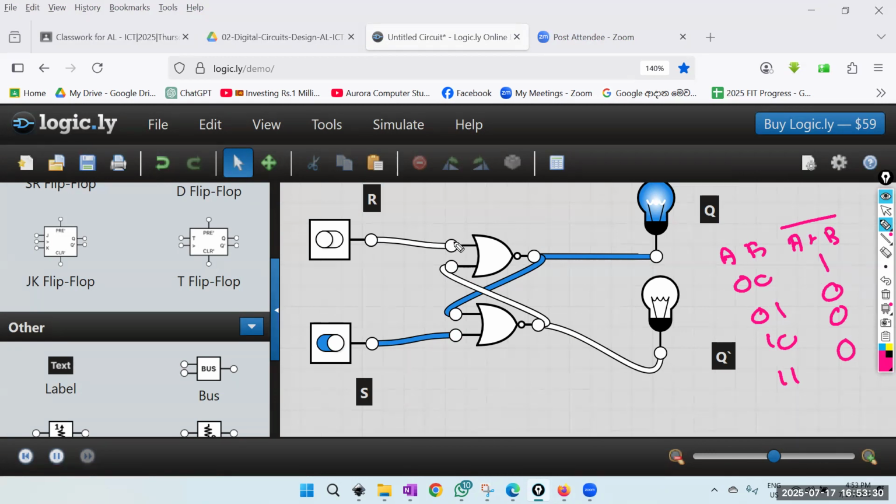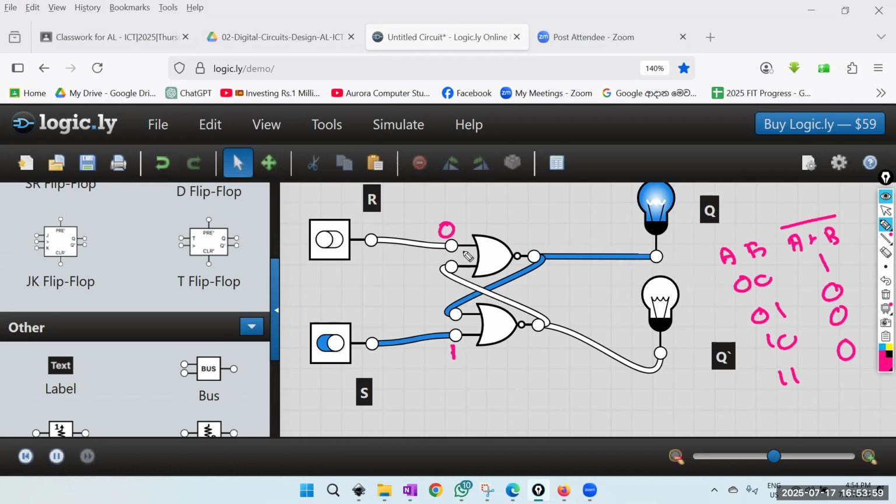But here both are not 0, so this output is 0. Remember, this is 0 and this is 1, because we have set it. When at least one input is 1, the output is 0.